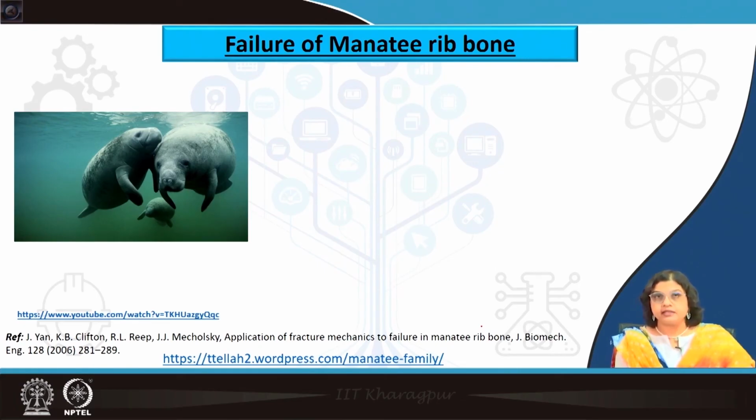Okay. But these are being constantly killed by the watercrafts, water vehicles that are used on those waterways. For example, the steamers, the small ships or the cruise, they simply hit this animal and their bones get fractured, particularly their rib bones get fractured and they die.